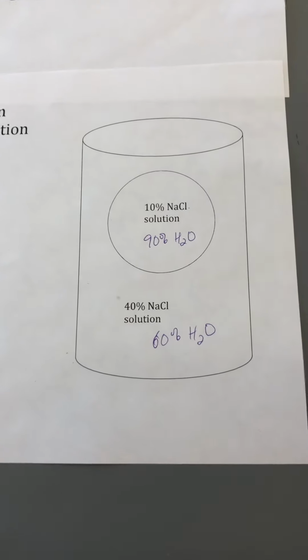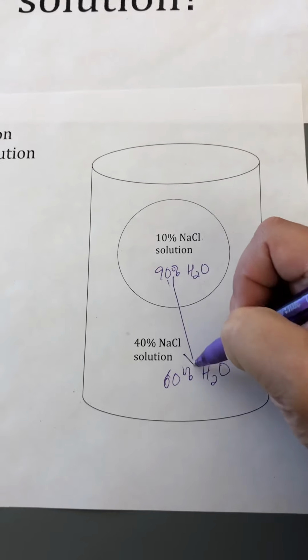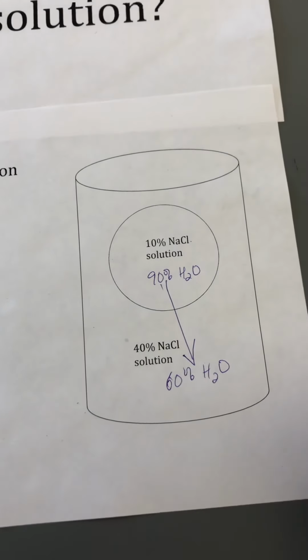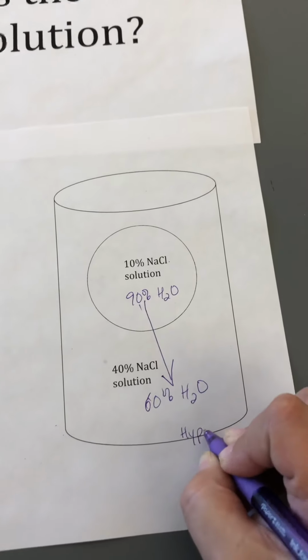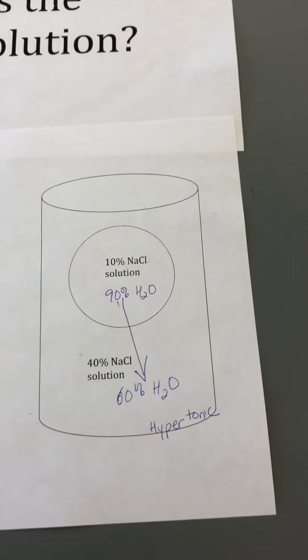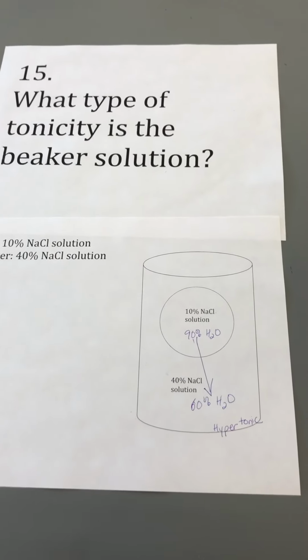Remember, water moves from high to low. So water is going to leave the cell. The cell will shrink. That means the beaker is a hypertonic solution. Hypertonic should be the answer.